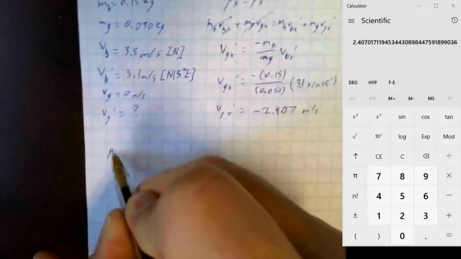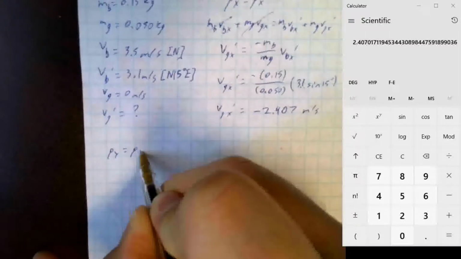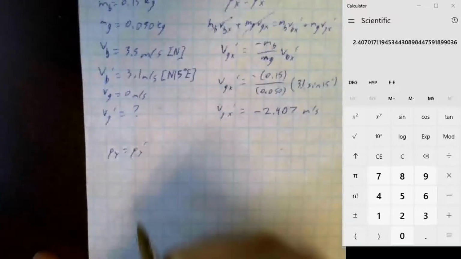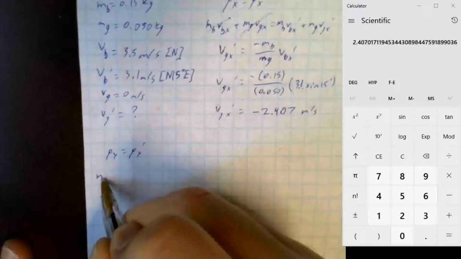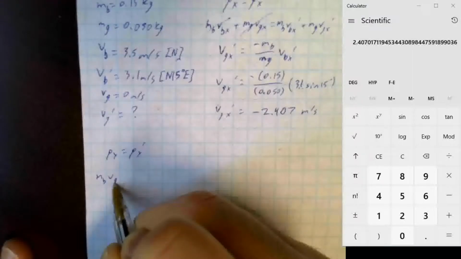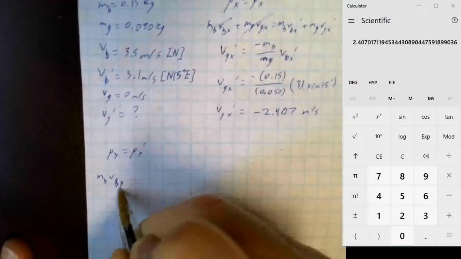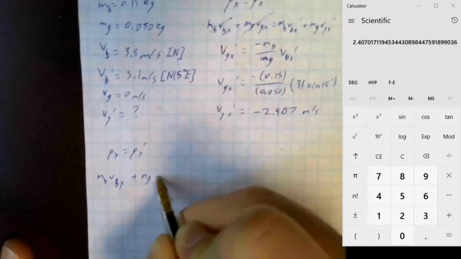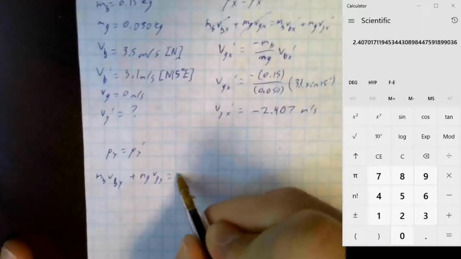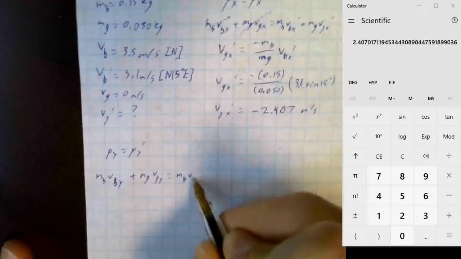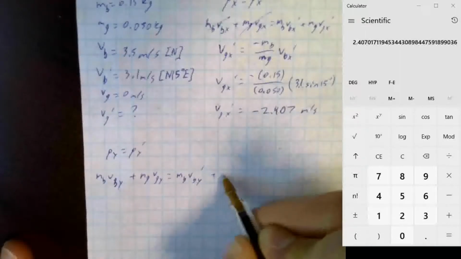Now I can find my momentum in the y after and my momentum in the y before. So again, writing this out, MB VB y plus MG VG y. You won't have to write this out every time. I'm doing it just to teach you how to do these problems now.